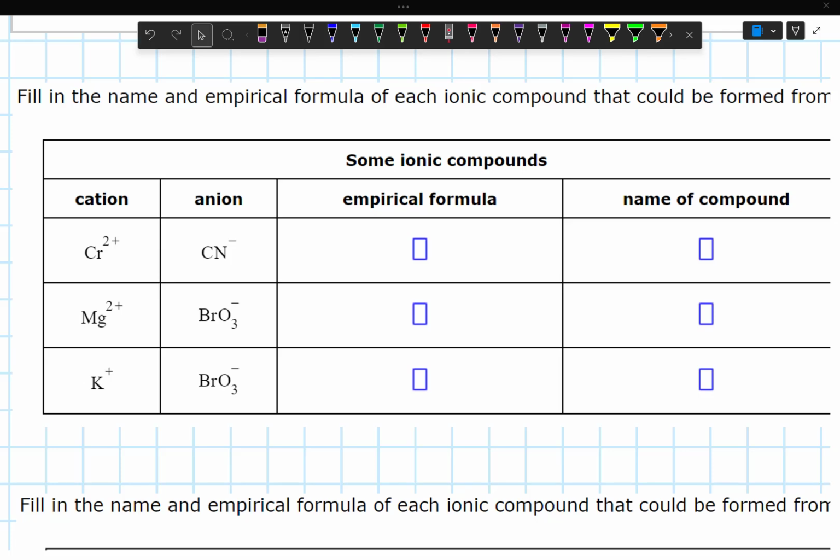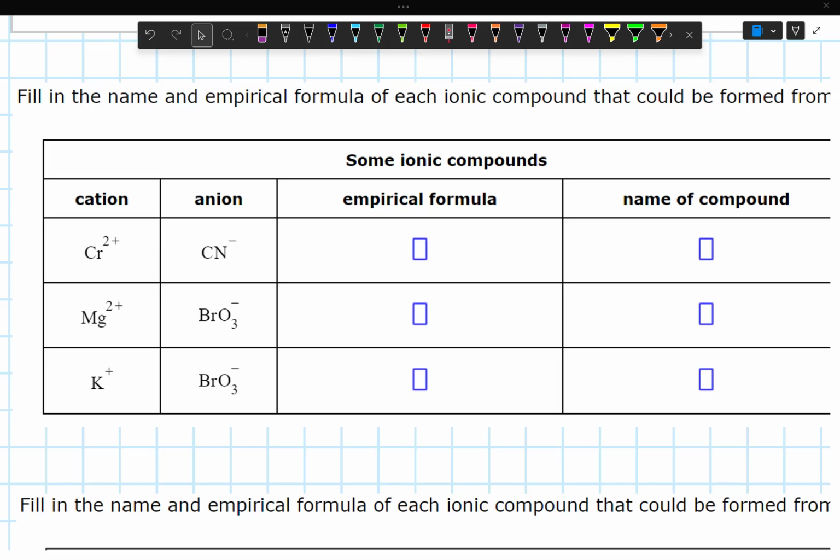In today's ALEKS guide, we're going to be naming different ionic compounds, specifically ionic compounds that contain polyatomic ions. So you've probably just been introduced to polyatomic ions.